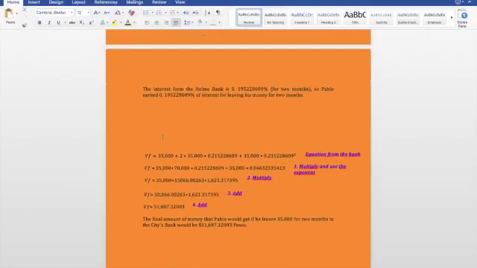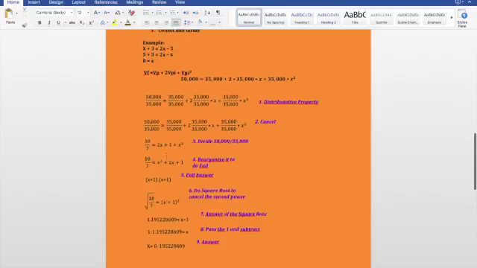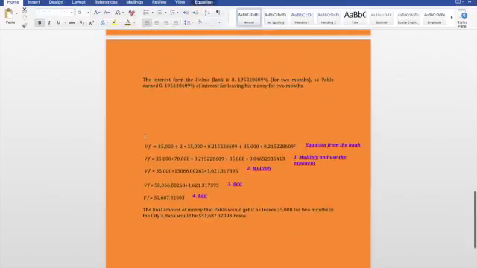Then we replace all the values, but with the correct interest. So this is the equation of the bank replaced with the interest and values. We multiply and use the exponent.